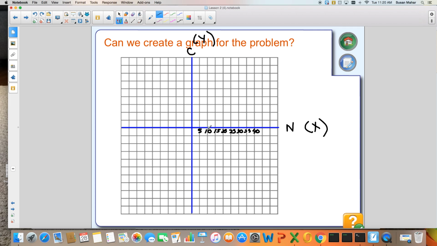So I'm going up by 5s each time. I started at 0, 5, 10, 15, 20. Now this time I'm going to go up by 10s because I know these numbers are going to be quite a bit bigger. And I have a feeling I'm not going to get all of my amounts on.